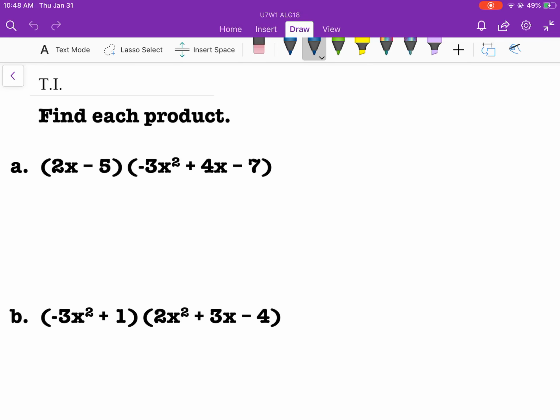Find each product. So same thing, you'd make a table and multiply. So go ahead and pause the video if you would like. Try those out. I'll multiply them here, just in my noggin, not using the box.